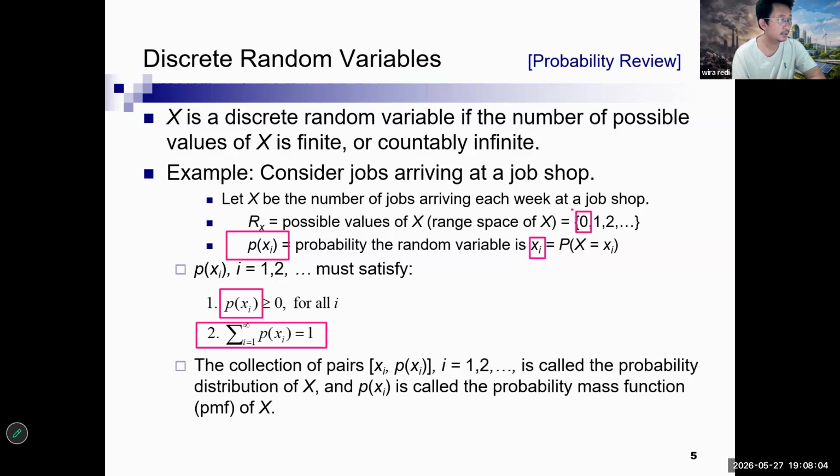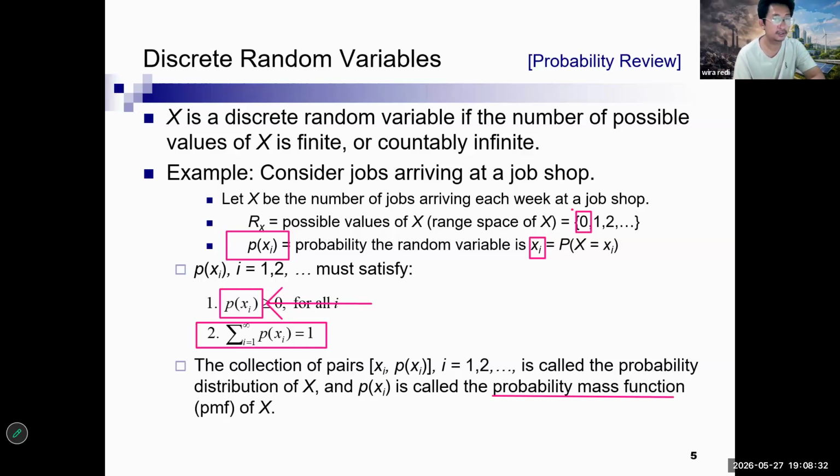Okay. So later on, this formula or notation p_i will be known as the probability mass function. It is for discrete random variables. But for continuous random variables, it will be known as the probability density function.